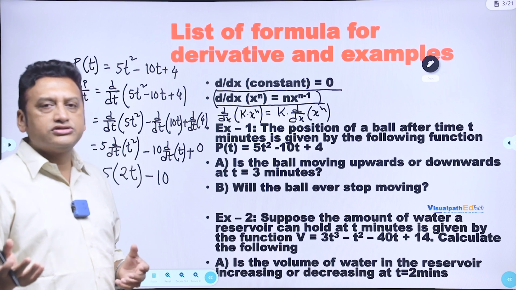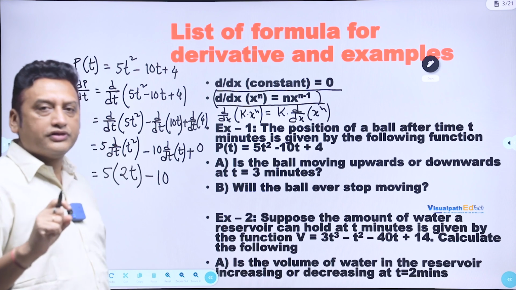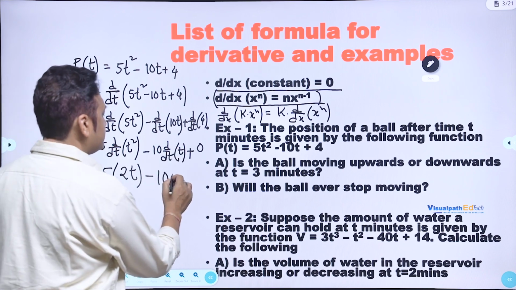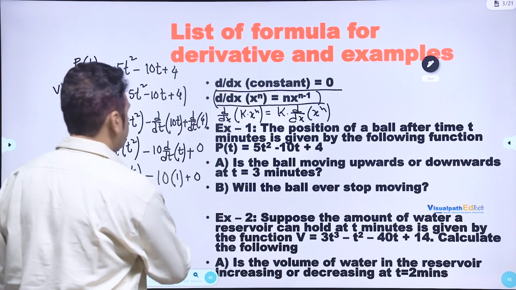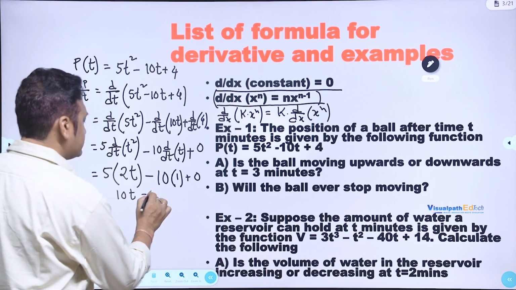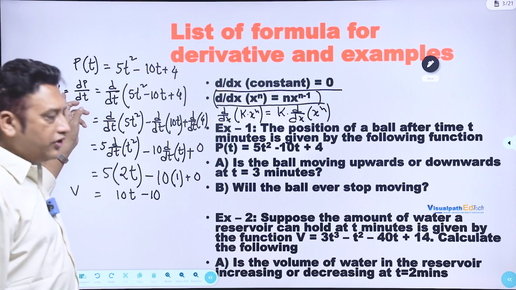And anything to the power 0 is 1. We have seen that in our exponents class. Okay. That was a formula. Anything to the power 0 is 1. So, d/dt of t is 1 and this is 0. So, finally, we are going to get 10t minus 10. This is the velocity. Okay.